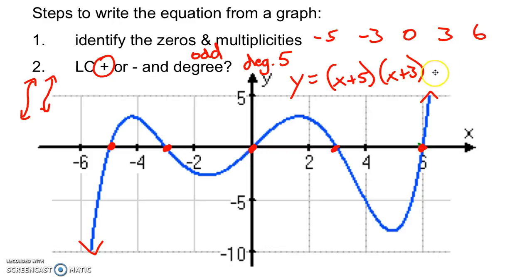But that would look funny in the middle of a bunch of parentheses, so I'm going to write that one in front, right after the equal sign. I have an x minus 3, and I have an x minus 6. And we discussed in class how we weren't going to worry about the actual value of the leading coefficient, that it was enough for us to use estimates here.